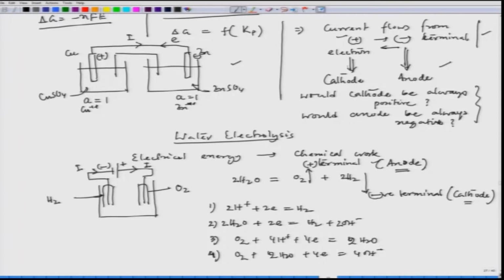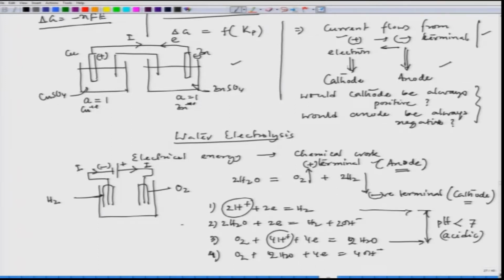So, these are 4 major reactions that are possible in a water system, and these are important with regard to the corrosion of metals. We will see later on that these reactions are extremely important. Now, the first and third reactions involve hydrogen ions. So, they are possible when pH is less than 7, that means acidic.